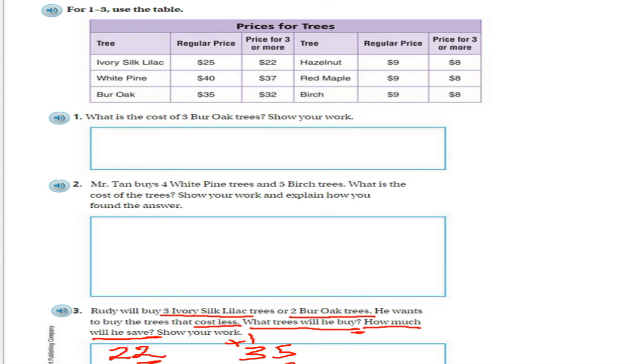So my 3 ivory silk lilac trees are going to cost $66, and my 2 bur oak trees are going to cost $70. So what trees will he buy? He's going to buy the 3 ivory silk trees.